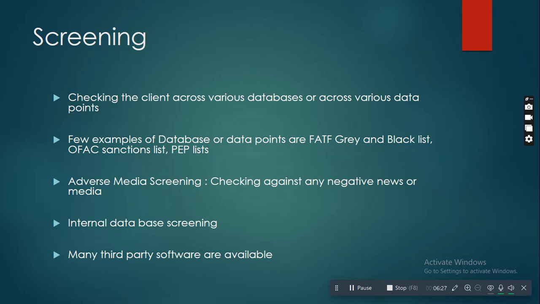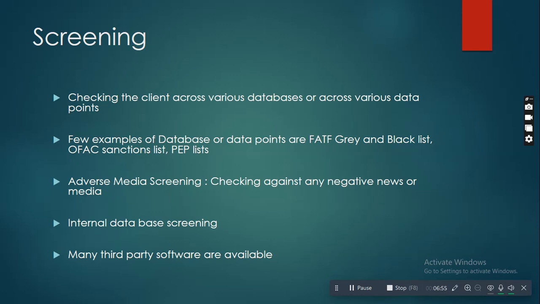A few examples of databases or data points generally used during screening are the Financial Action Task Force list, the gray and black list, then the OFAC sanctions list, then the PEP list. There are multiple lists available where we check whether these fall under them or not.